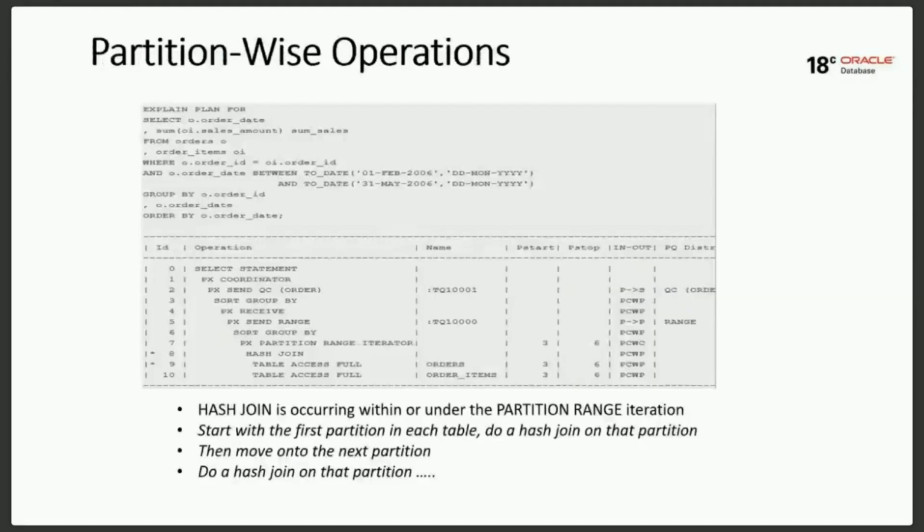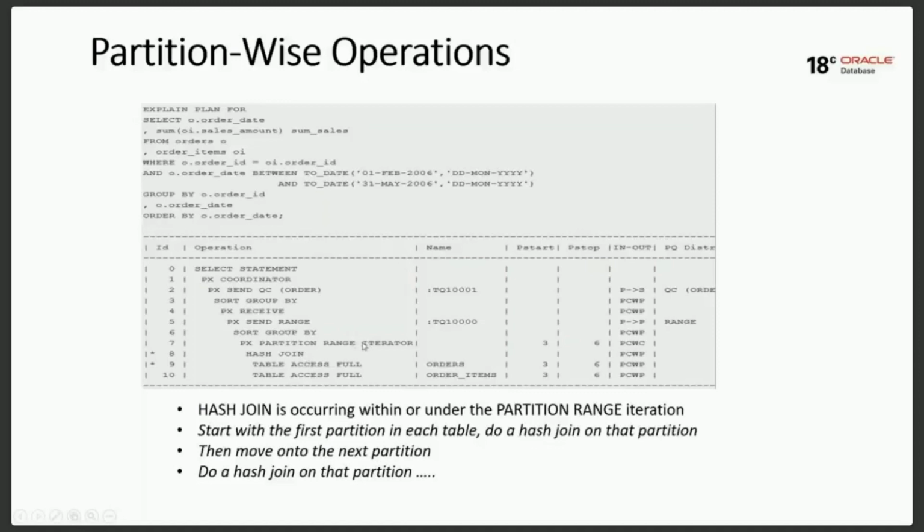So let's have a look at the explain plan here. I have an orders and an order items table, and they have been partitioned based on the join column, in this case order ID. But what we see here is this particular operation. There's a partition range iteration operation, and then below that we have the hash join. So the hash join is occurring under the partition range iteration call here.